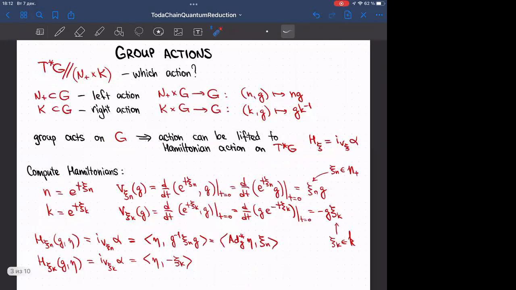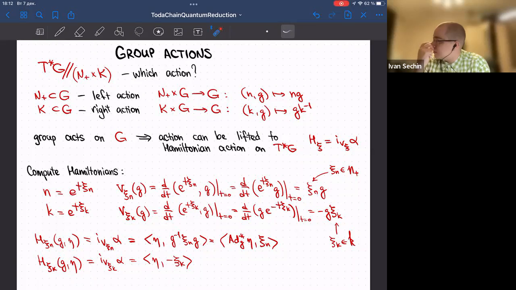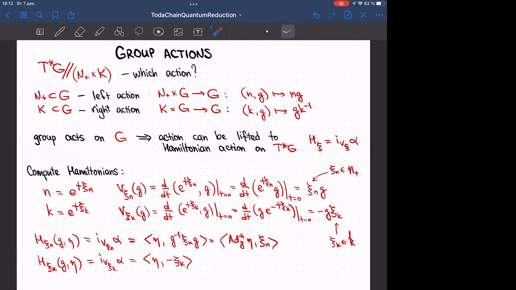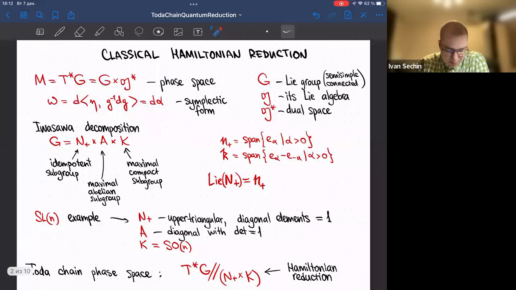Maybe it's useful to mention that the Iwasawa decomposition is just a kind of Gram-Schmidt orthogonalization. For SL_N, it's just orthogonalization. This N plus is just the Gram-Schmidt basis vectors, probably. And K is a matrix of basis changes.